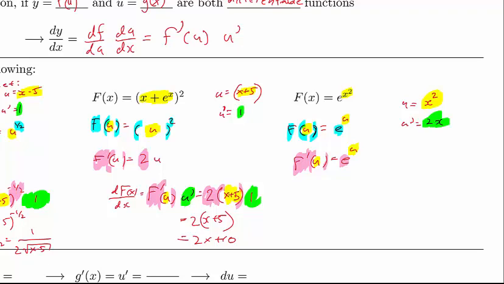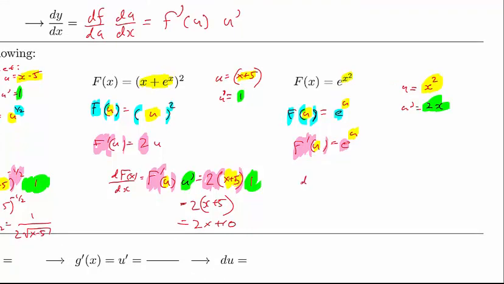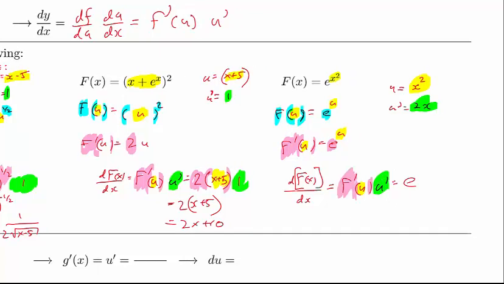All right, and then what is the derivative of this whole thing? Well, that is, of course, our formula, f prime of u times u prime, just like so.